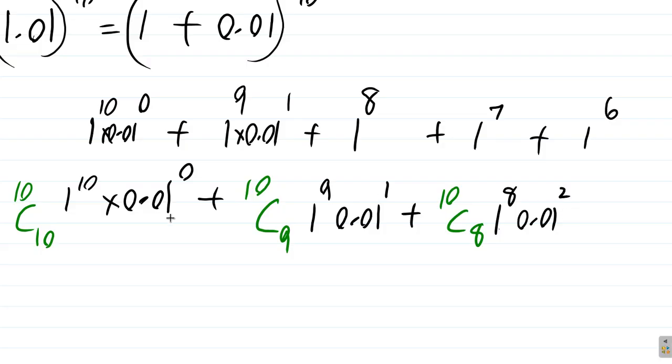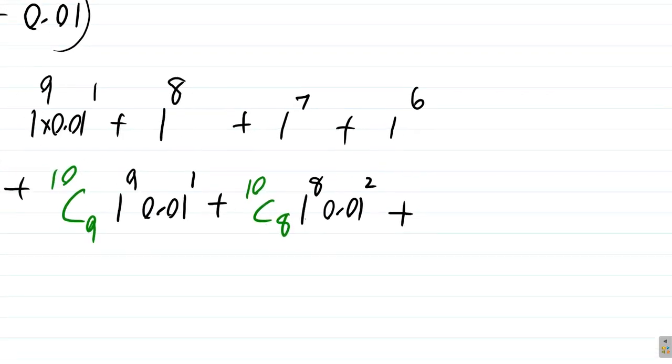Remember, the 1 has power of 10 and going down one at a time: 10, 9, 8, 7, and so on. The power of the 0.01 starts from 0 going up, so it's 0, then 1, then 2, then 3, and so on.